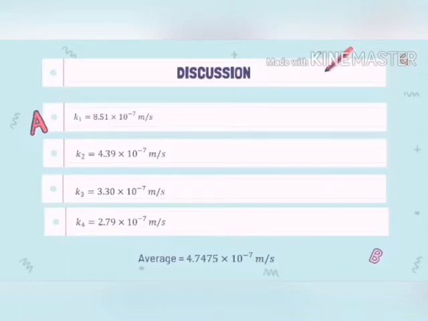And the average of the coefficient of permeability is equal to 4.7475 times 10 power of minus 7 meter per second.